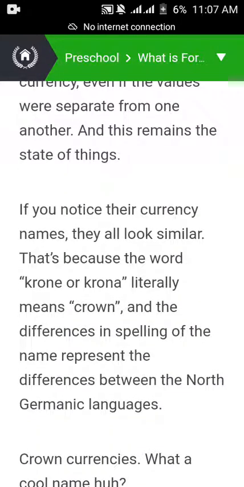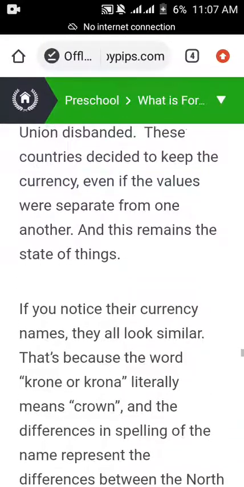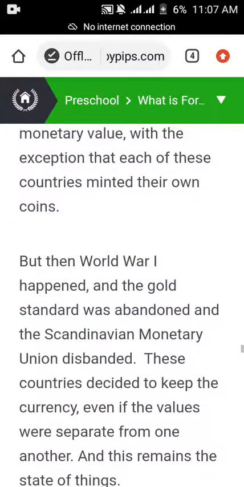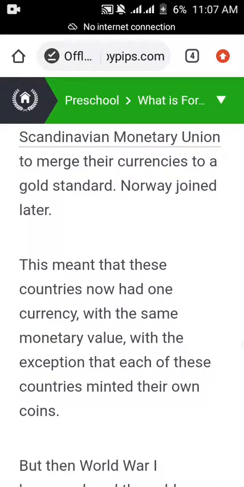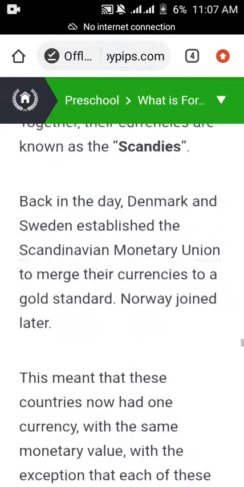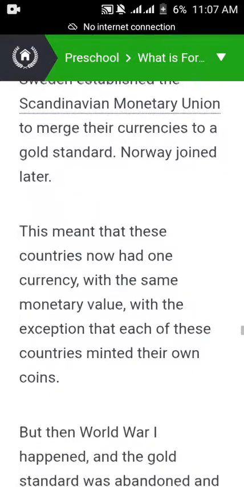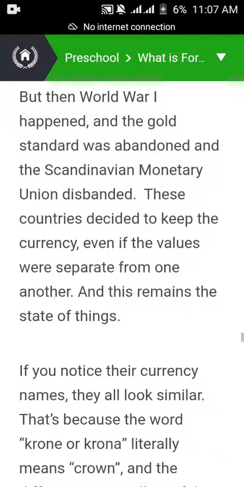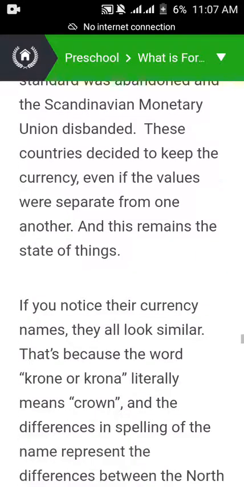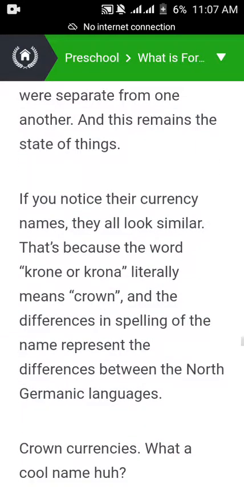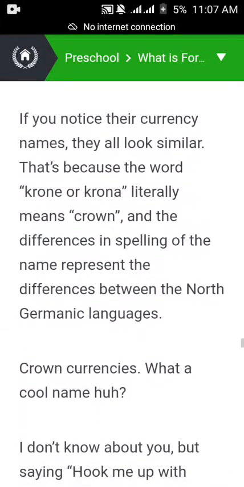If you notice their currency names, they all look similar. From the table we read, you see the currency of Norway, and also Denmark. They all look the same. This is because the word krone or krona literally means crown.